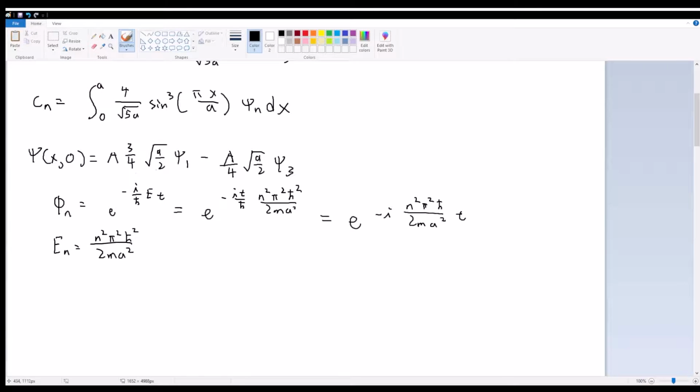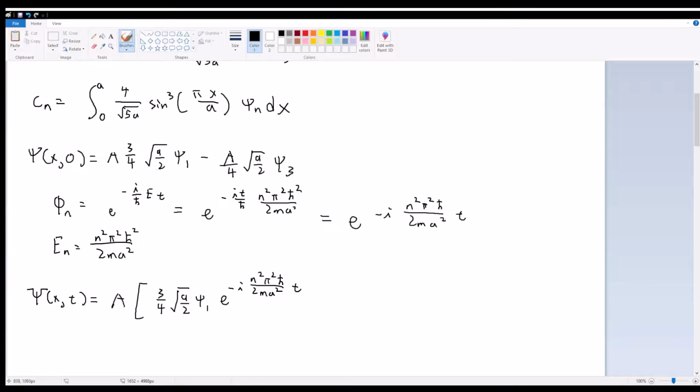So in that case, psi of x comma t is going to equal a. I'm going to pull the a out, and we're going to get 3/4 square root a over 2 psi 1 times e to the negative i n squared pi squared h bar over 2ma squared times t.